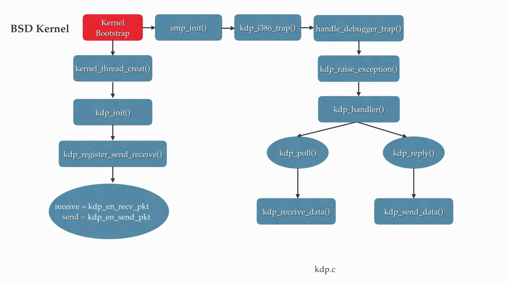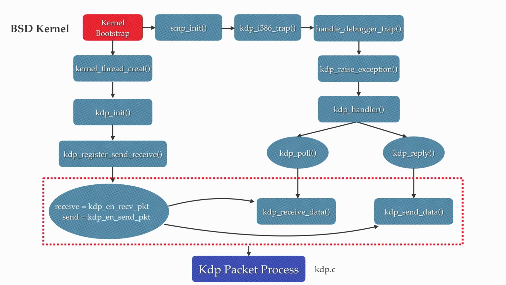The debugger loop within the trap is responsible for polling and replying to the incoming debug messages after capturing the exception. When the Ethernet extension implements the KDP protocol, the KDP register function will register the receive and send handlers into the debugger loop. After that, the debugger can work.